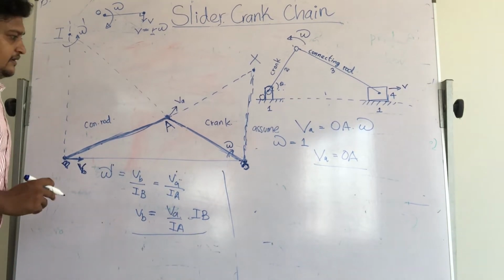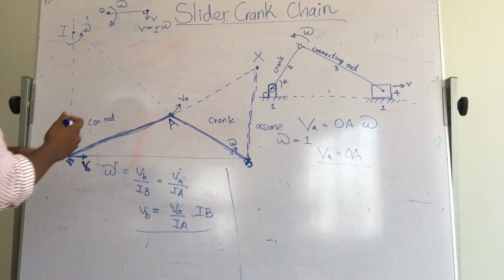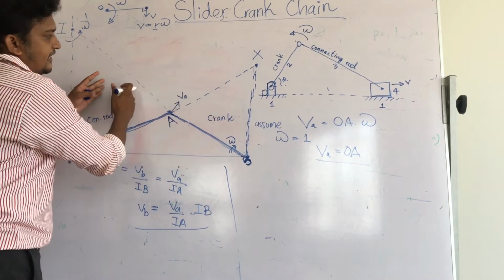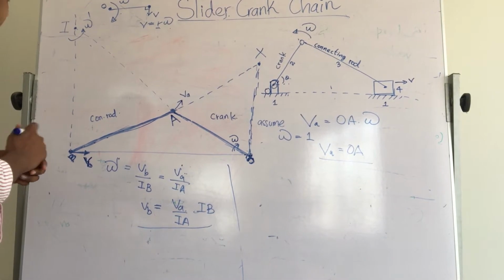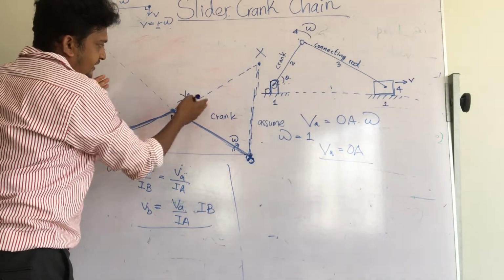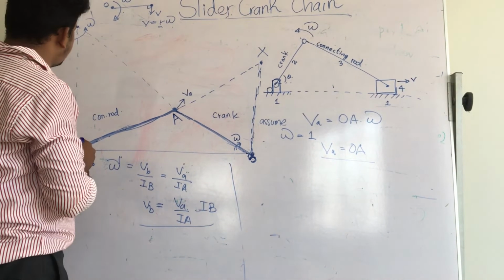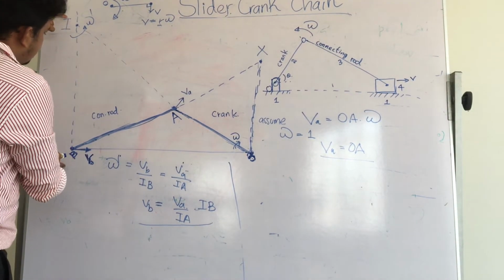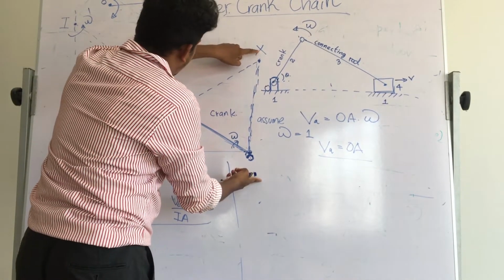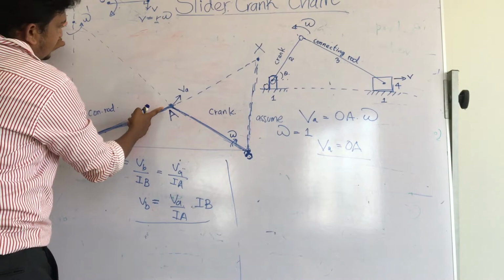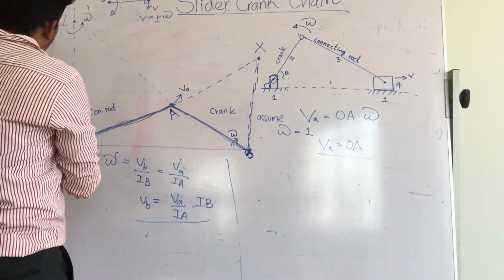Let's apply the geometric characteristics of these two triangles. They are quite similar, so we can write this distance over this distance equal to this distance over this distance. How do we write it?